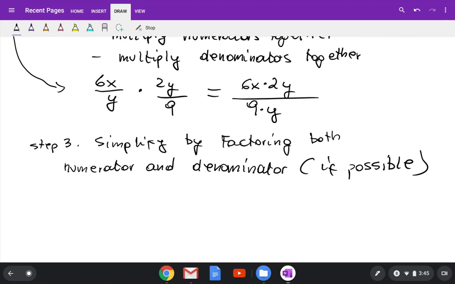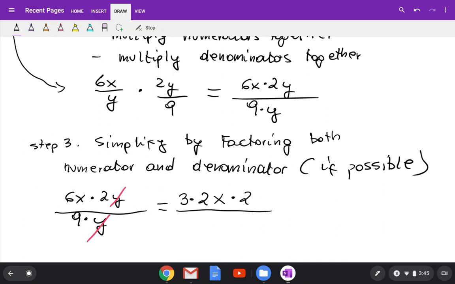So let's go back to our problem. We have 6x times 2y over 9 times y. First of all, you have a multiplication and you can definitely cancel y. Okay, so 6 you can rewrite as 3 times 2, and then you have x, and you have times 2, and 9 you can rewrite as 3 times 3.